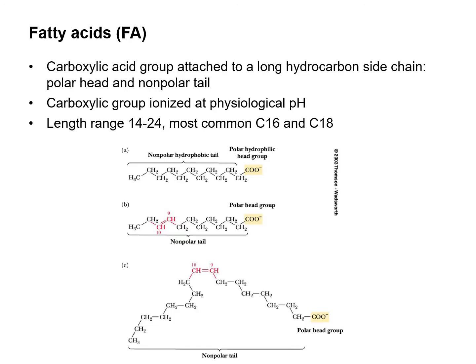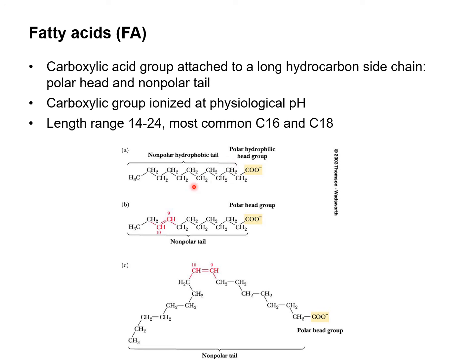Cholesterol is a precursor of many important biomolecules such as hormones. Among the different classes of lipids, the first one is fatty acids, which contain a carboxylic acid group, or head, attached to a long hydrocarbon side chain, or tail. So the fatty acids have a polar head and a nonpolar tail. The carboxylic group can be ionized at physiological pH, and the length of the tail ranges from 14 to 24 carbons.